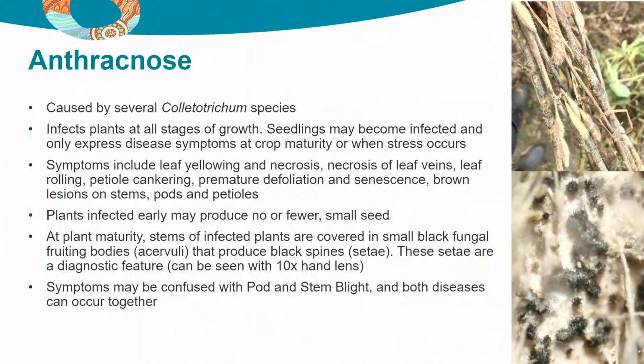And if you have a hand lens or a magnifying glass, you'll be able to see on those little black dots, they've got these little spines. So this disease can be confused with pod and stem blight or charcoal rot, which is another fungal disease.